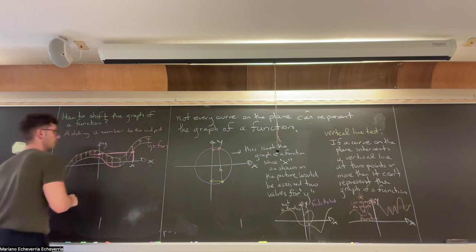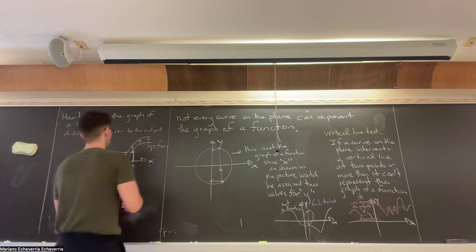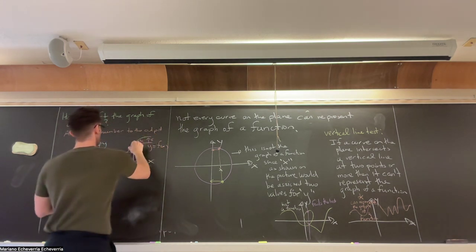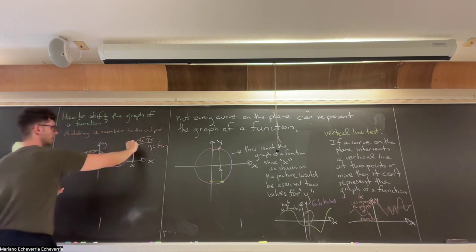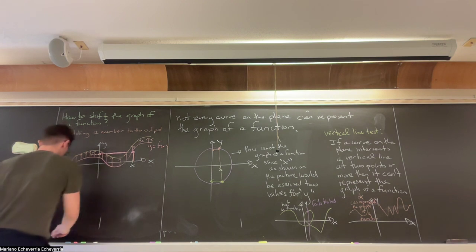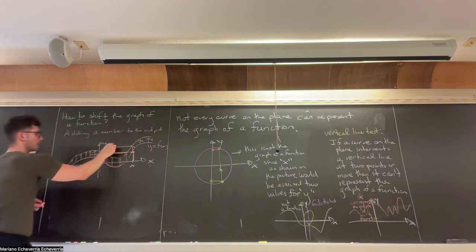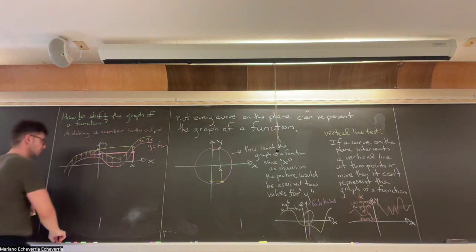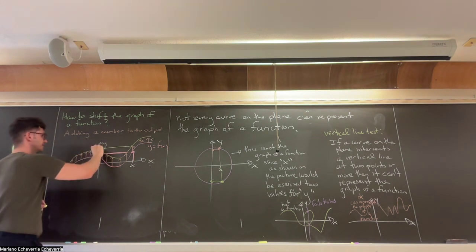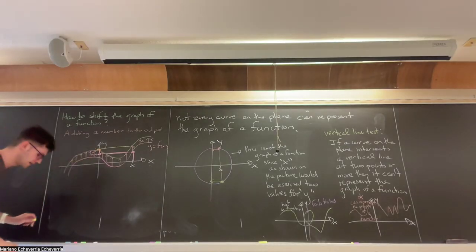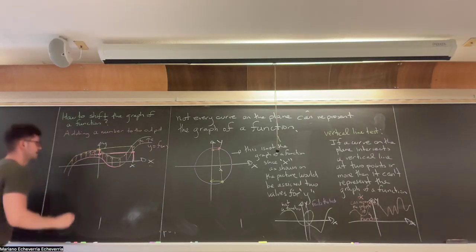But let's say you call c the amount that you're shifting this up. Then on the new curve, what is the value you got sent to? There's a difference of c here. So the new value you're being sent to is f of x plus c.